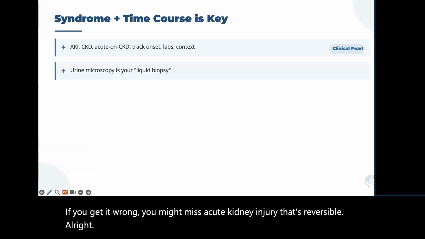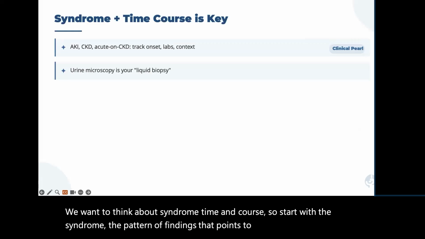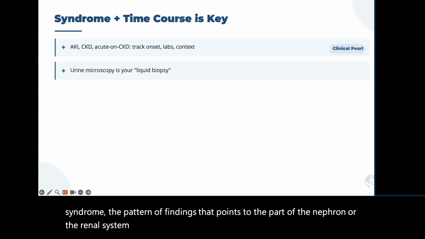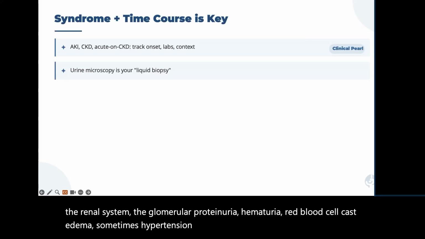So let's see here. We want to think about syndrome, time, and course. So start with the syndrome, the pattern of findings that points to the part of the nephron or the renal system. The glomerular: proteinuria, hematuria, red blood cell casts, edema, sometimes hypertension. That's the classic nephritic, nephrotic syndrome.